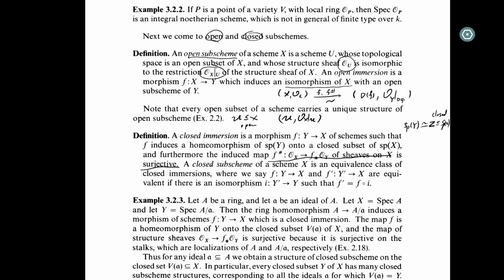Two closed immersions are equivalent if there is an isomorphism that makes the diagram commute.